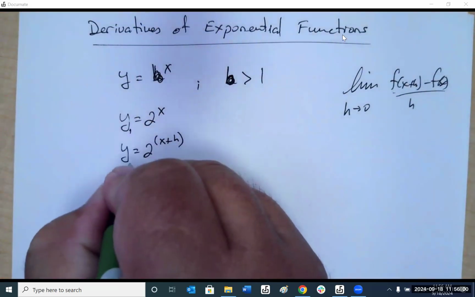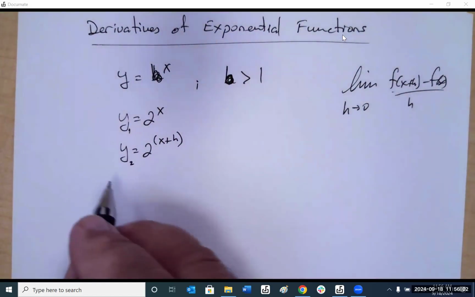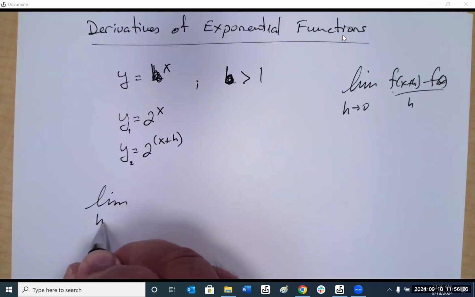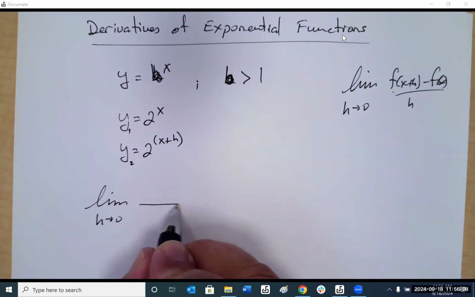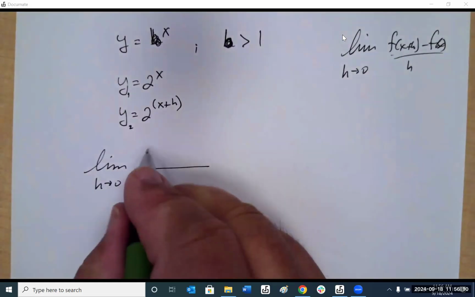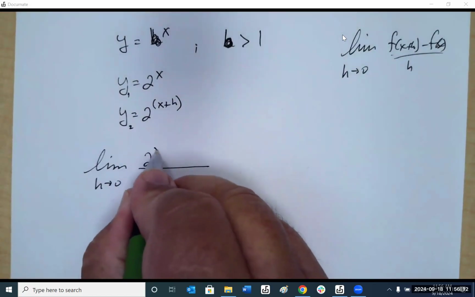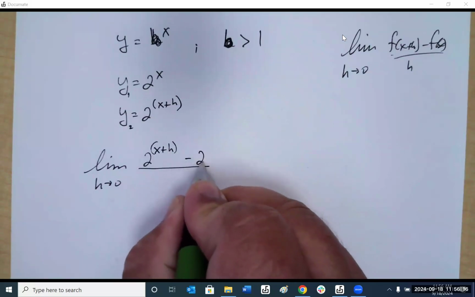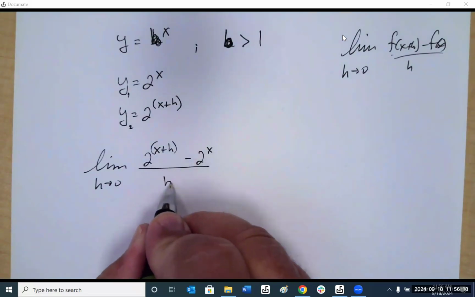So that's y sub 1, that's y sub 2. So we have our limit as h approaches 0 of the first one, 2 to the x plus h minus 2 to the x over h.